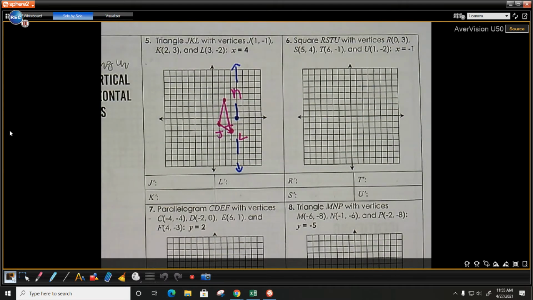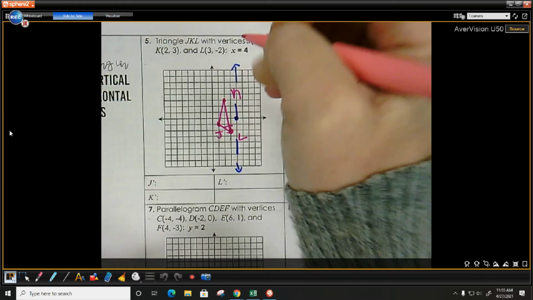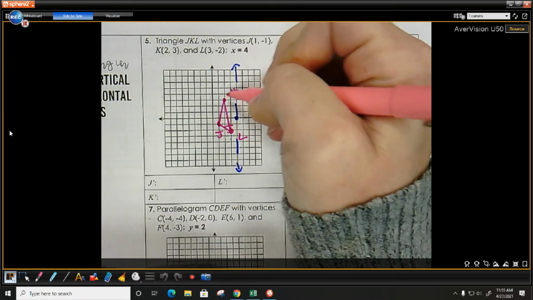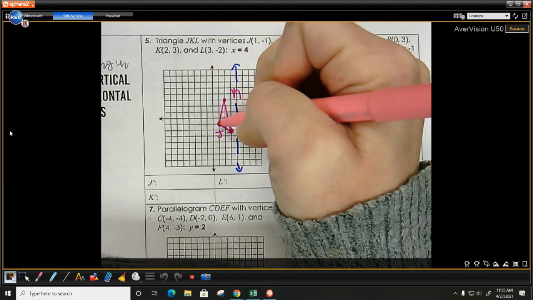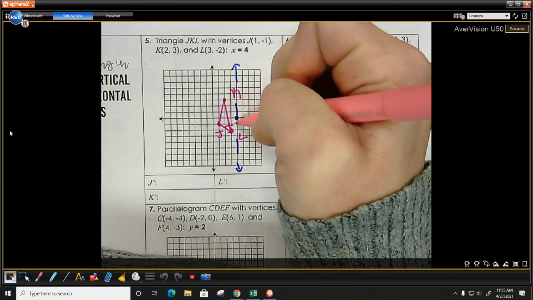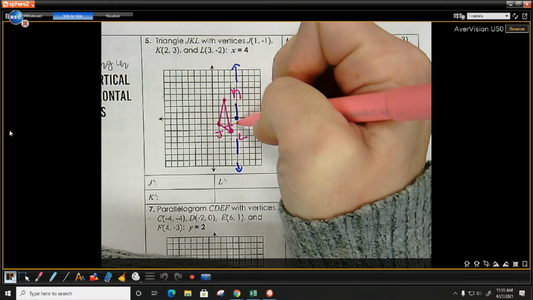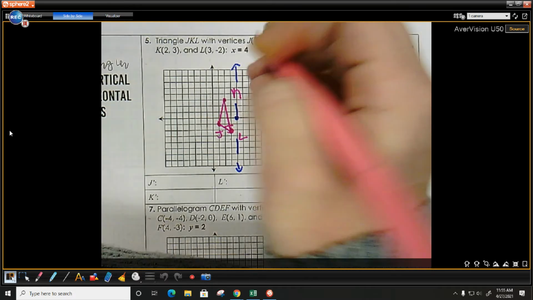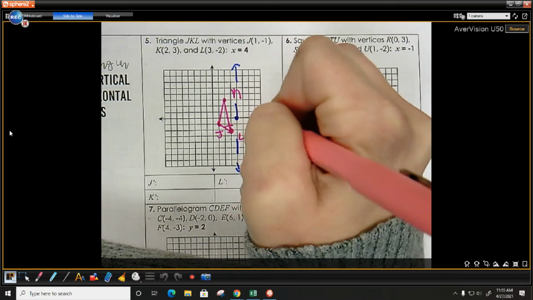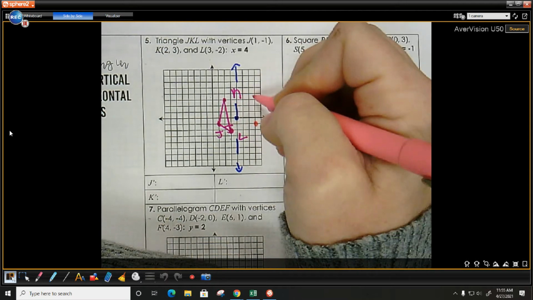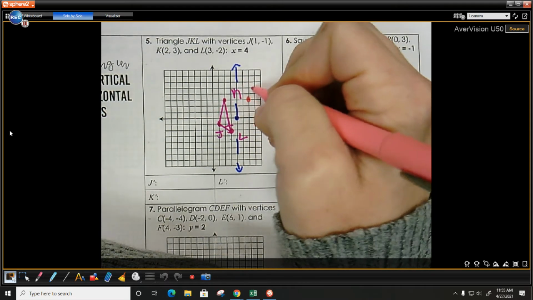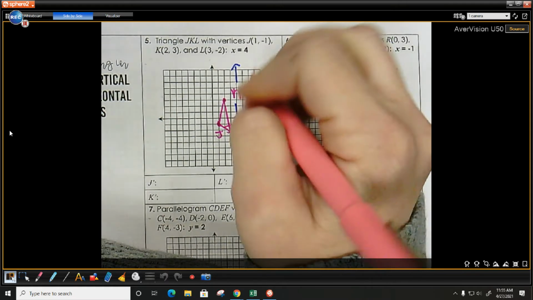So how far away is point, we'll do J first, from the line? 3 away, so 3 the other way. K is 2 away. And L is 1 away.